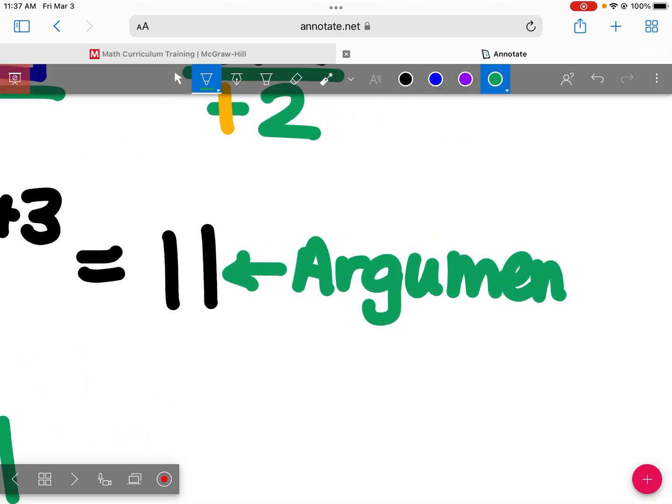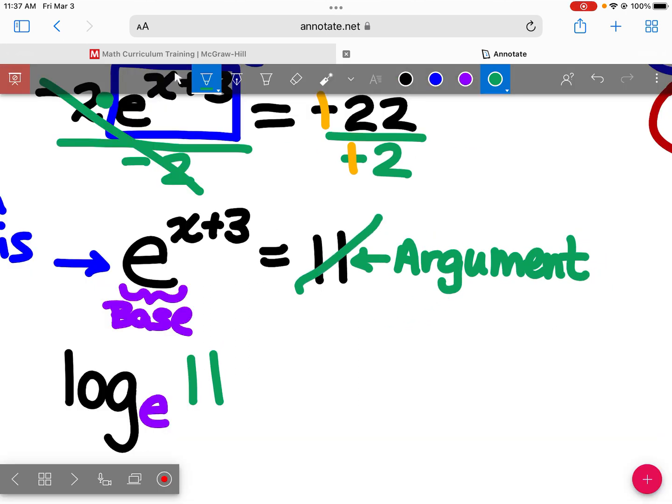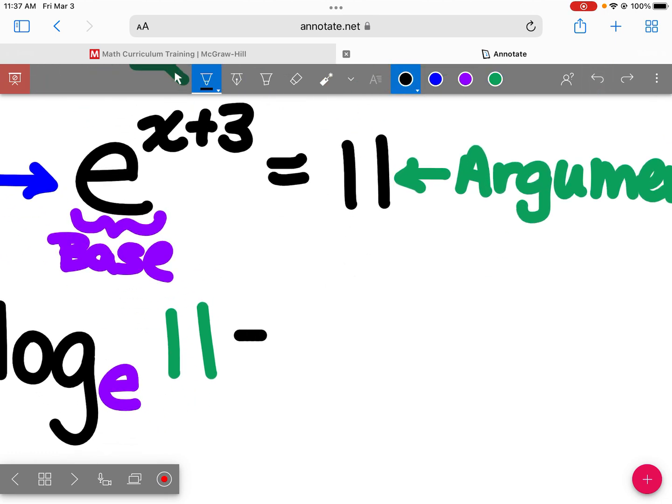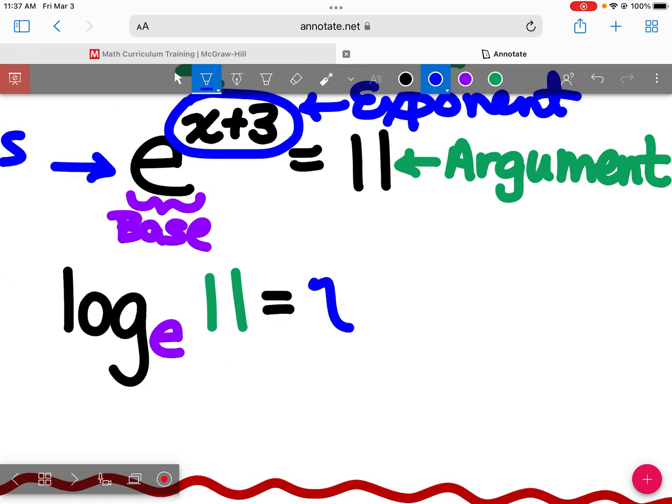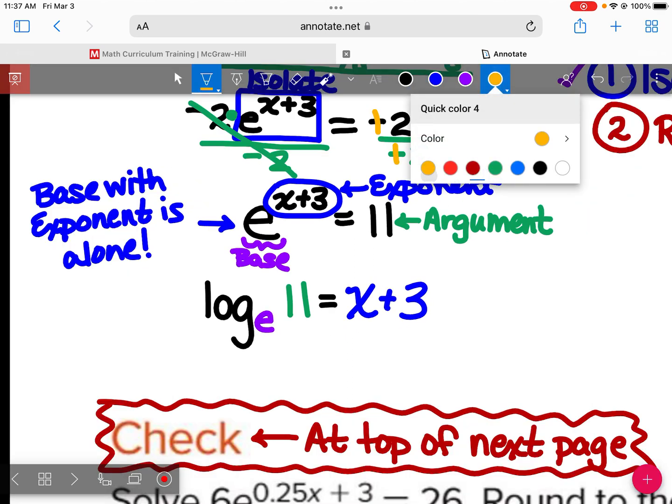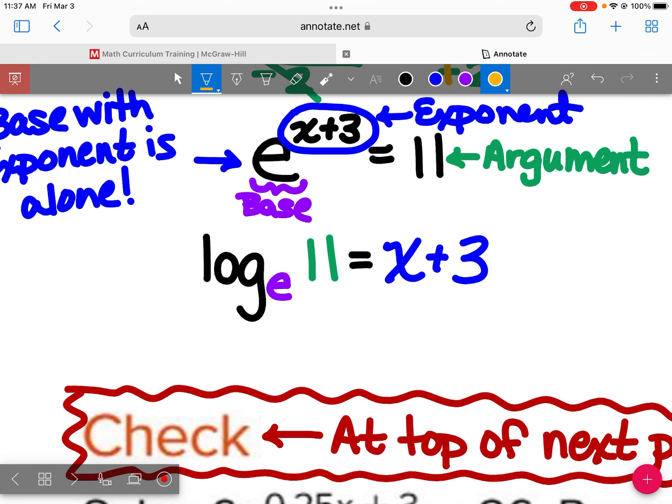Remember, the whole point of logs is to get what alone? The whole purpose of logs is to get the exponent by itself. Here's my exponent. So that goes over here. We learned on Wednesday a different way of writing this.